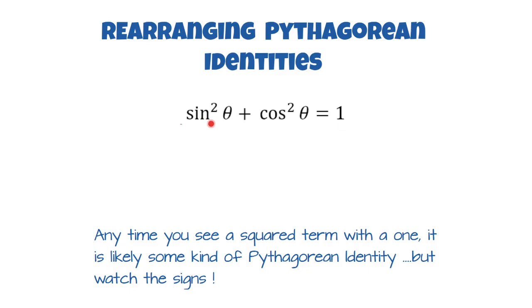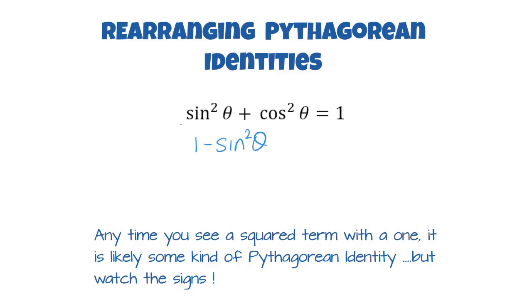But it doesn't always have to look like this right here. Now that last one was a sine squared x plus a cosine squared x. Notice I'm using theta here, and that's fine. It's just a variable. But sometimes, instead of it written like that, you might see something like 1 minus sine squared theta.